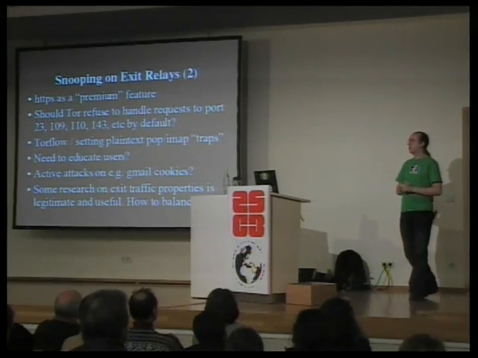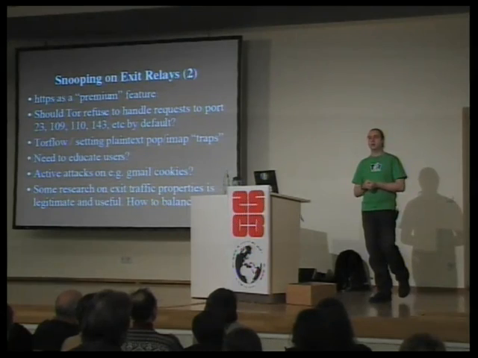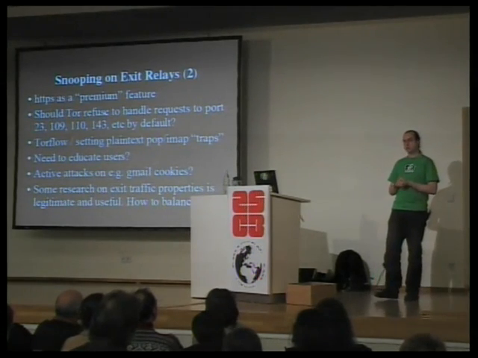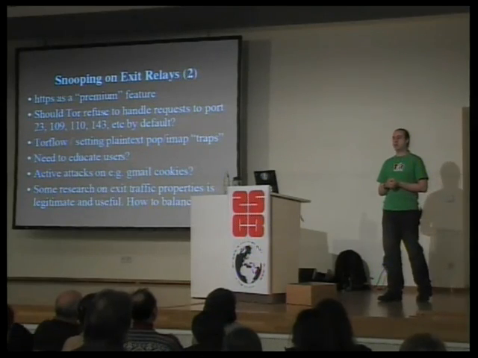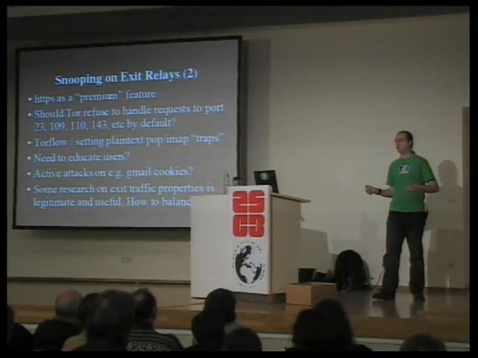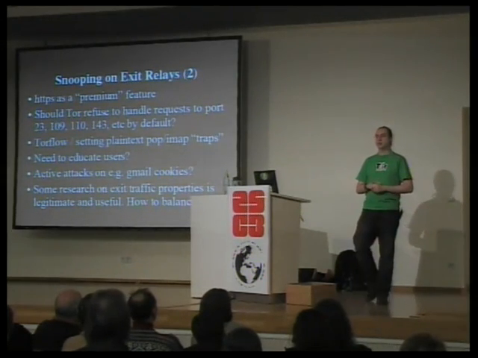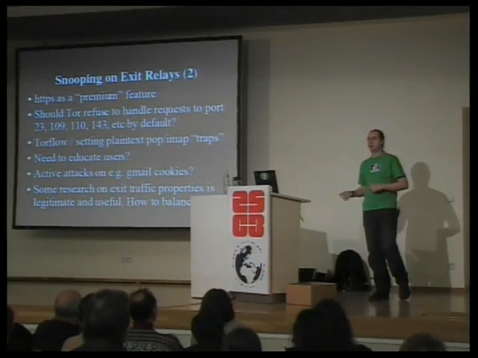And they have some interesting results. The majority of connections on the Tor network is web browsing. The majority of bytes on the Tor network is file sharing. So now we know that we need to do some sort of incentive system or balancing system or something so that the file sharers don't take over the whole network like they have taken over the whole internet.